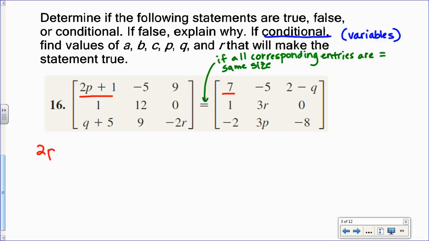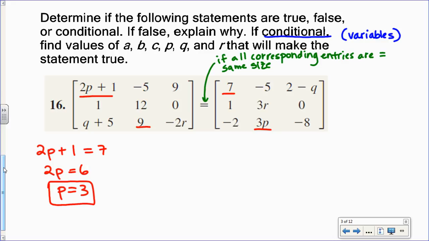So 2p plus 1 equals 7. So 2p equals 6. P would be 3. I see p another place too. So 3p here, which one would that correspond to? 9. So if I did 9 equals 3p, would I get p equals 3? Yeah, so it doesn't matter which one you use.